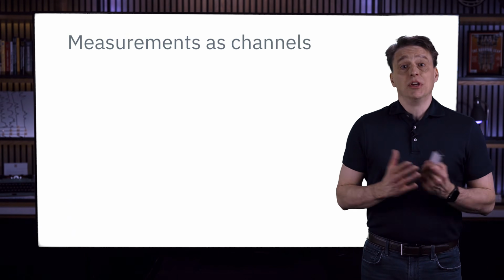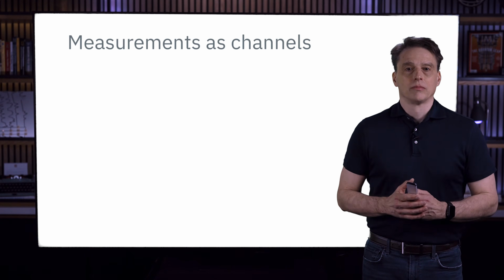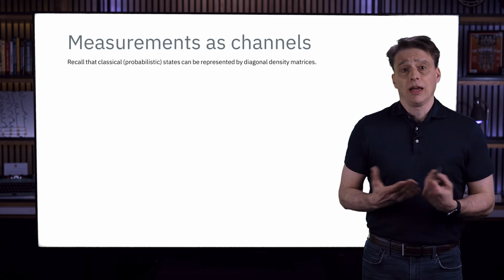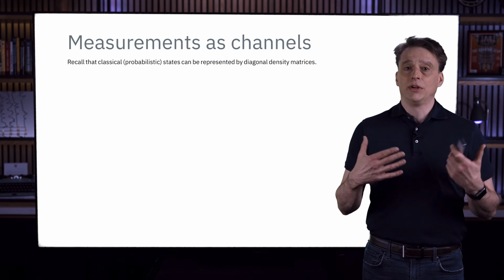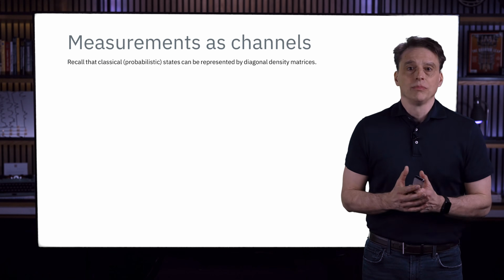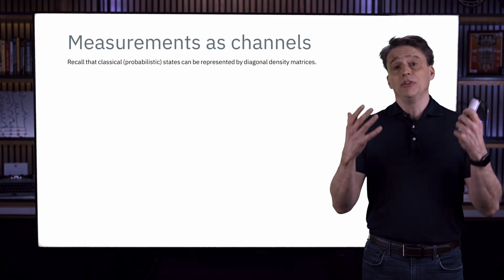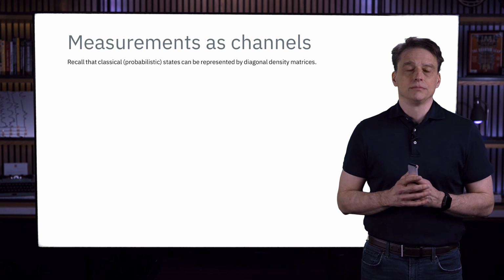Another way to describe general measurements is as channels, as we'll now discuss. The idea here is that classical probabilistic states can be represented by diagonal density matrices, and so, because measurement outcomes are classical, we can think about measurements as being channels where the output is always a diagonal density matrix that describes the measurement outcome.